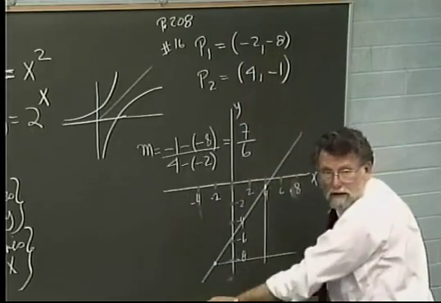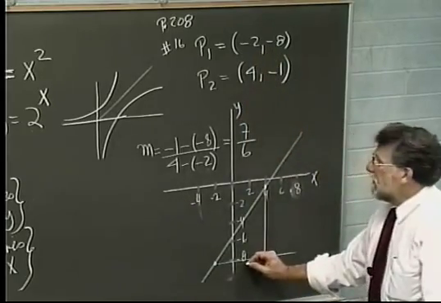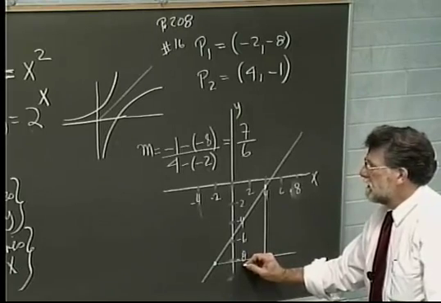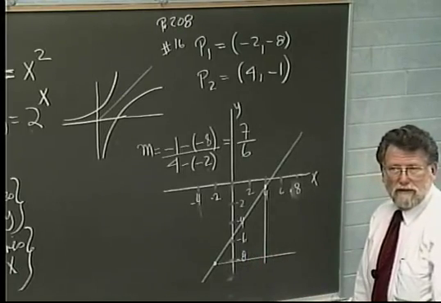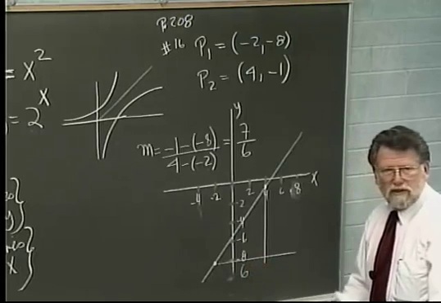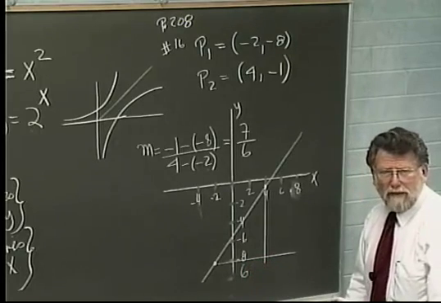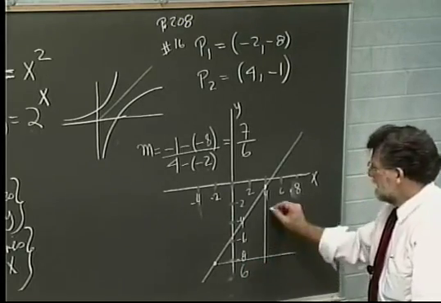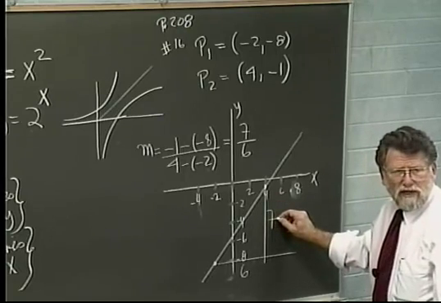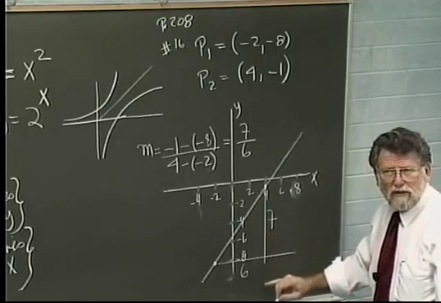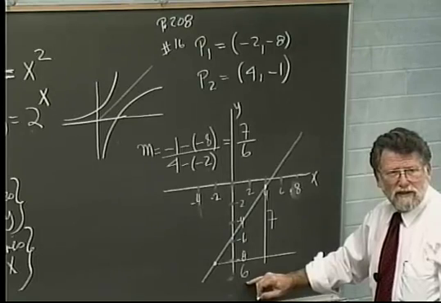A triangle. You moved how far to the right? 6. Correct, so your run was 6. Then what happened to your rise? 7. So if you want to see it in your graph, it's the 7 over the 6.